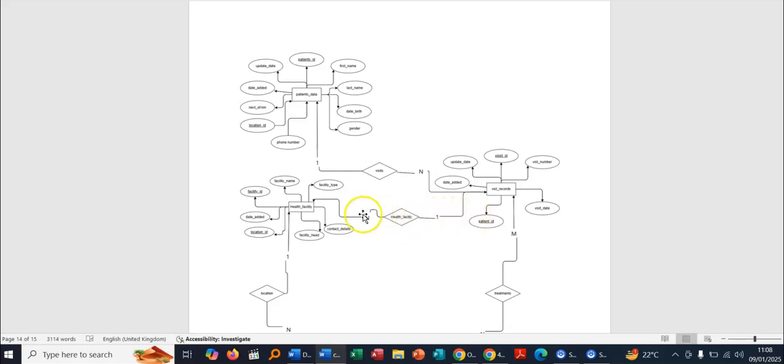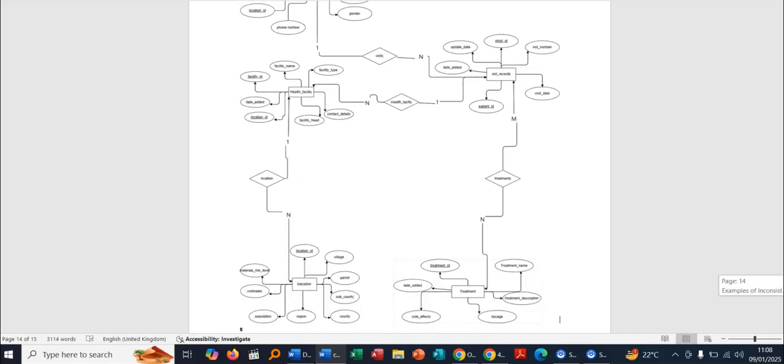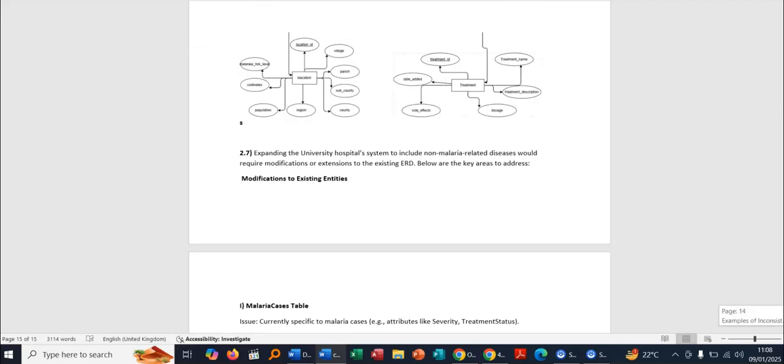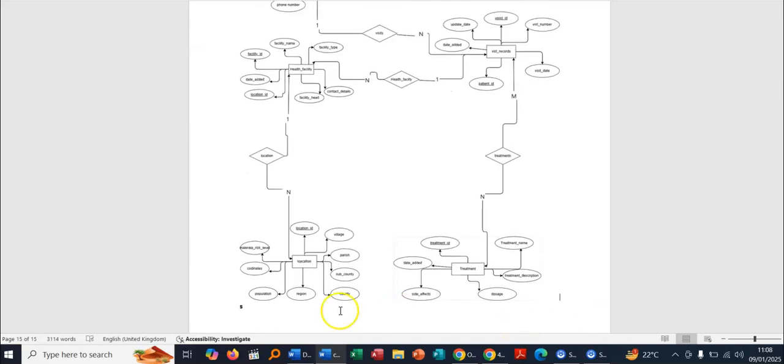That's why it was many to one. To follow on, the location relationship between the health facility entity and the location entity was one to many, meaning each health facility can be found in only one location, but each location can have more than one health facility.